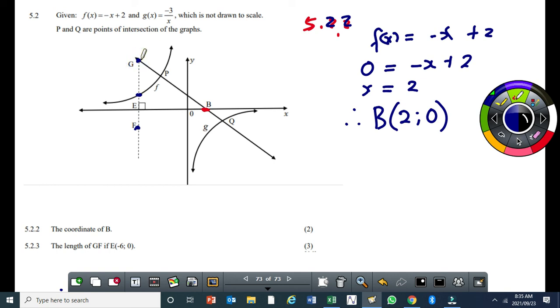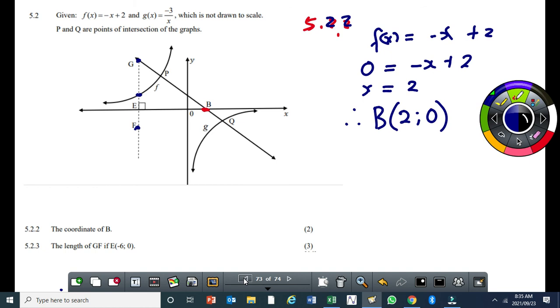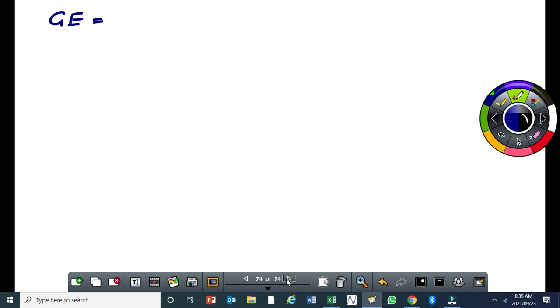So you can find the length of GE. Oh no, this point here is not the one. So E is here, which means Y is 0 here. We just have to find the value of Y at G. So GE is going to be equal to Y max minus Y minimum.